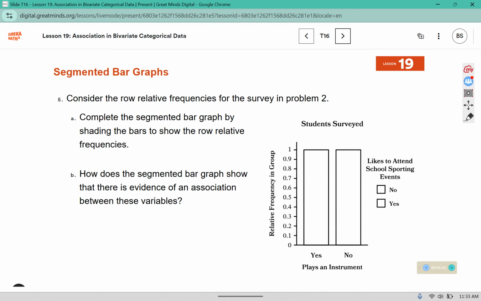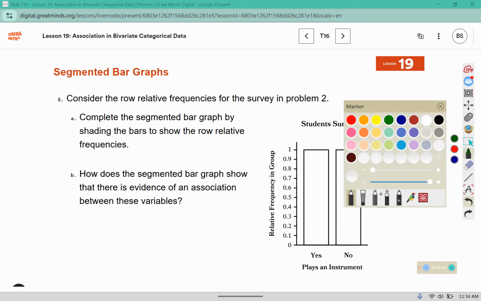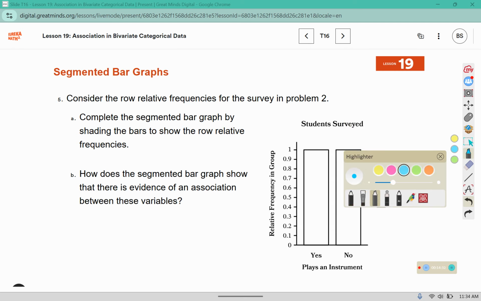It says consider the row relative frequency for the survey in problem 2. Complete the segmented bar graph by shading the bars to show the relative frequencies. For people who played an instrument, we had 0.1 who liked to attend sporting events.